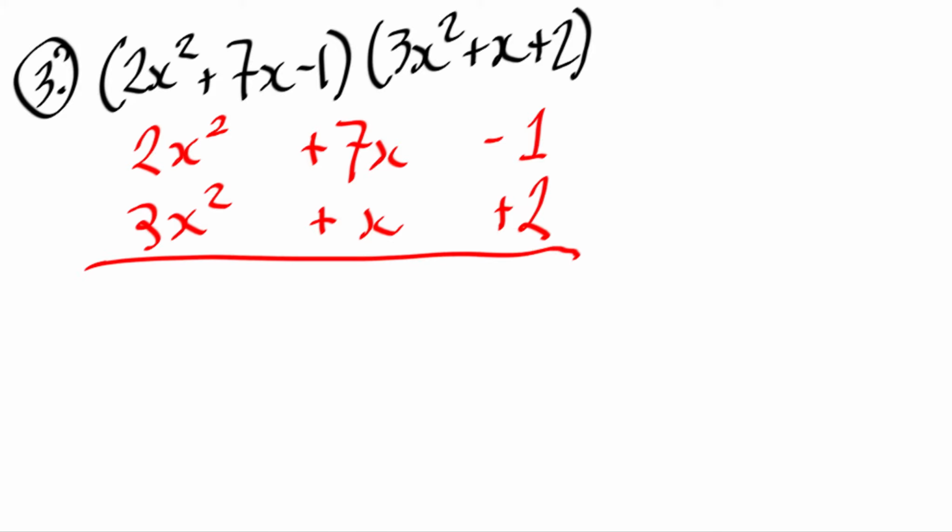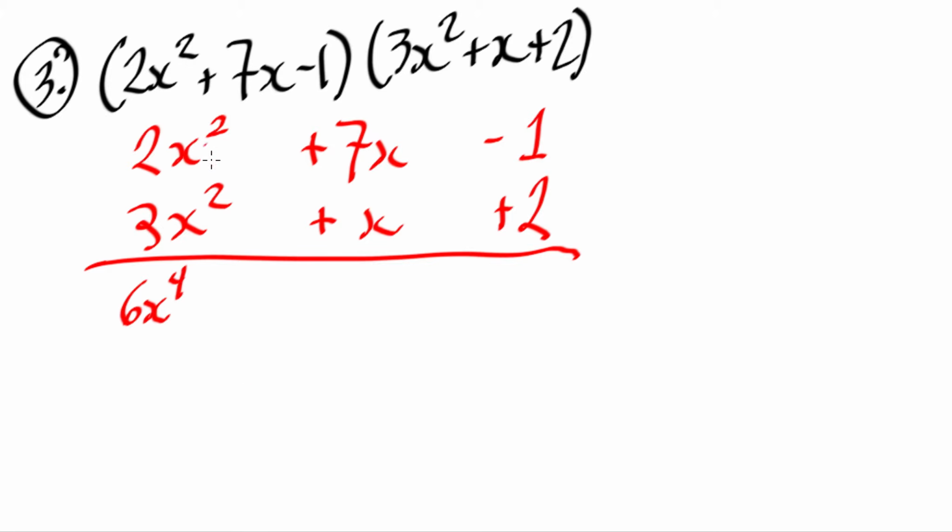First is vertically. 2x squared times 3x squared is going to give us 6x to the fourth, no doubt about it. Next is the crosswise method.